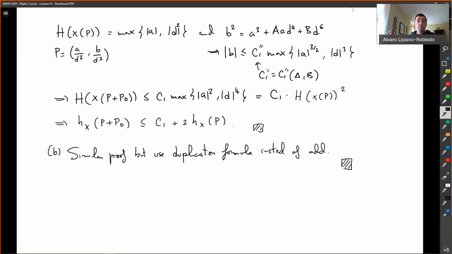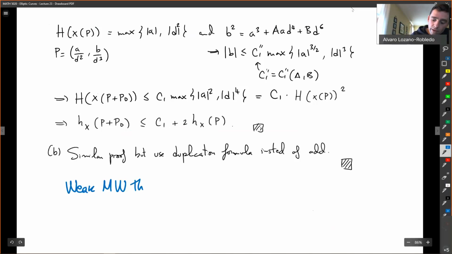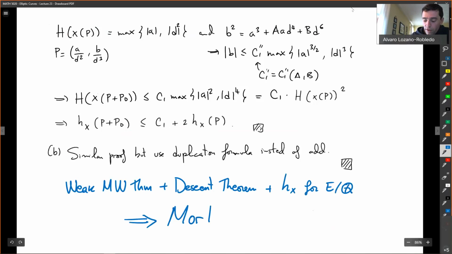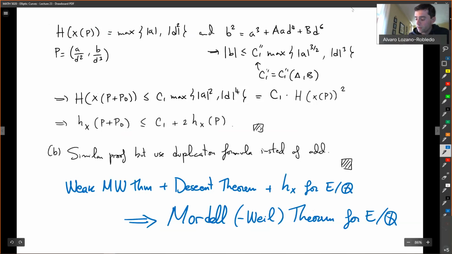And then the weak Mordell theorem plus the descent theorem plus the properties of the height for elliptic curves over Q, these three things together imply the Mordell theorem for elliptic curves over Q. Ta-da!